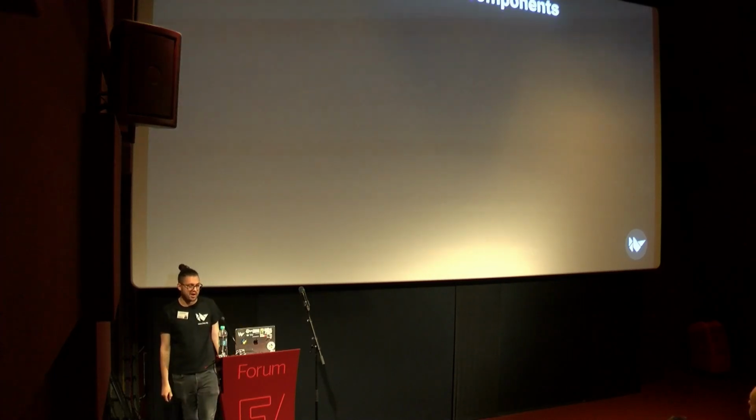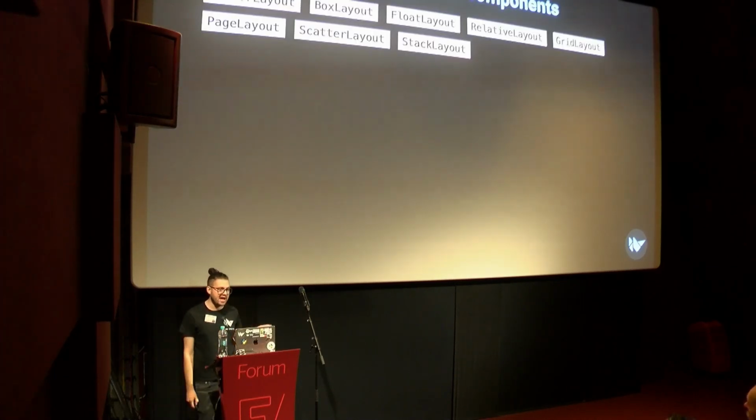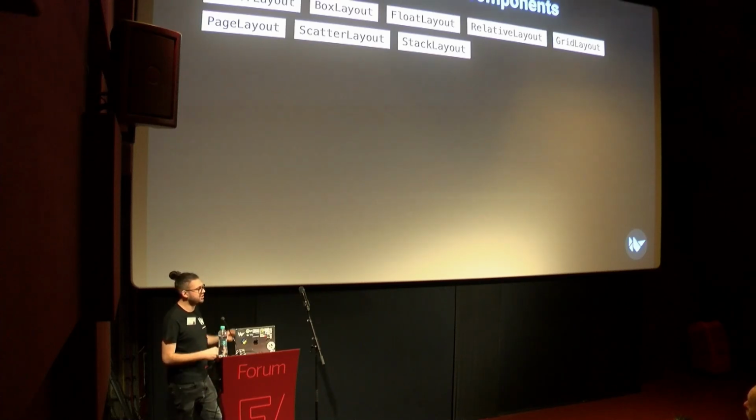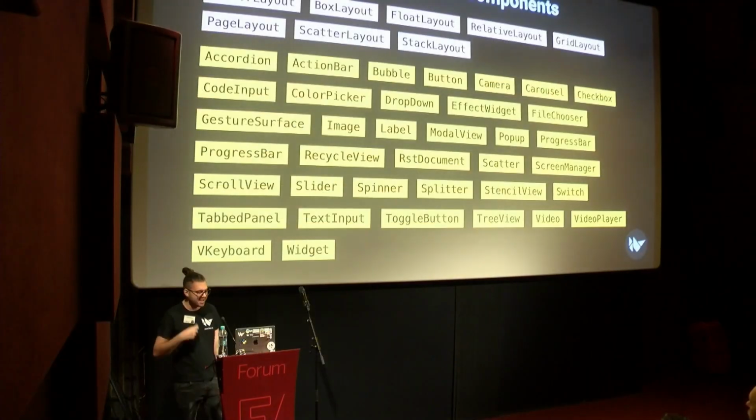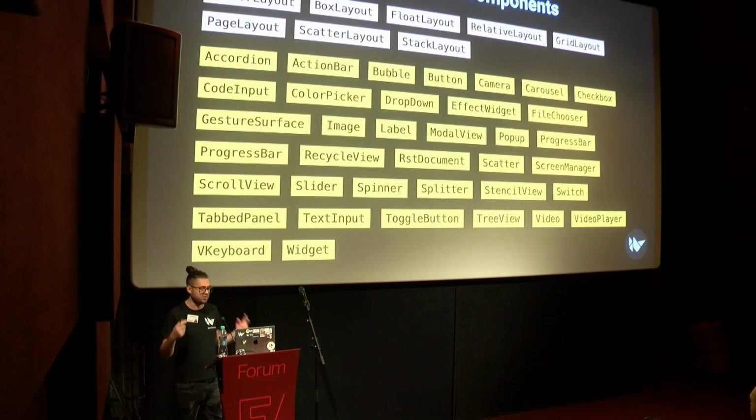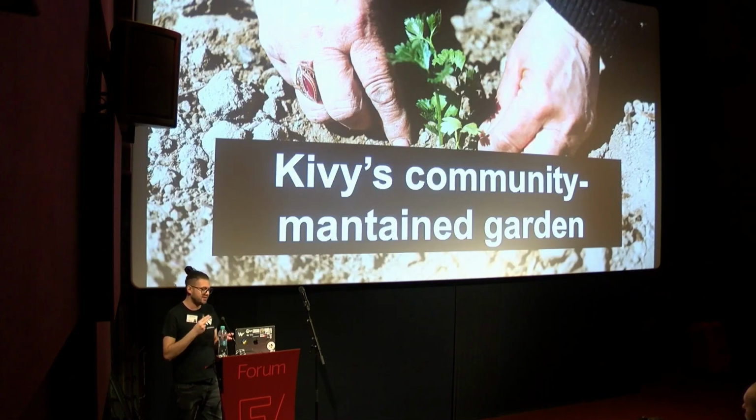Then we have built-in UI components, like anchor layout, box layout, flow layout, which are just for laying out things. Then we have an enormous amount of other kinds of widgets, like accordion, action bar, bubble, button, camera, tree view, video, and so on. And if we do not have it, there's still our community model garden.